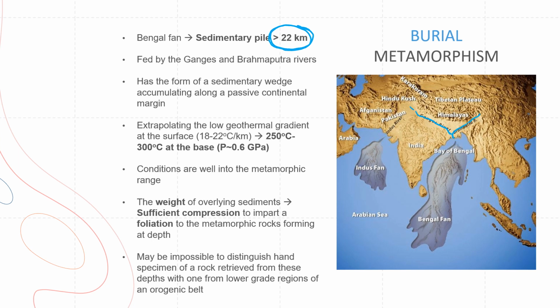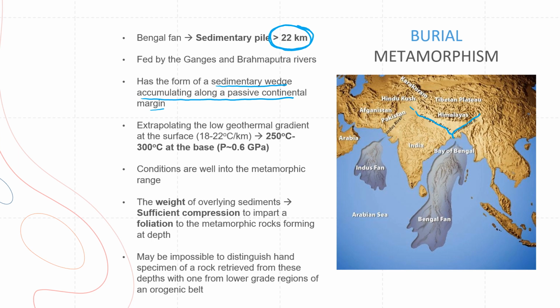So it's been fed by two rivers. So you can imagine the amount of material that's being fed into this sedimentary pile. And it has the form of a sedimentary wedge that accumulates along a passive continental margin. So nothing's going to disturb this pile, it just continues to grow and bury.